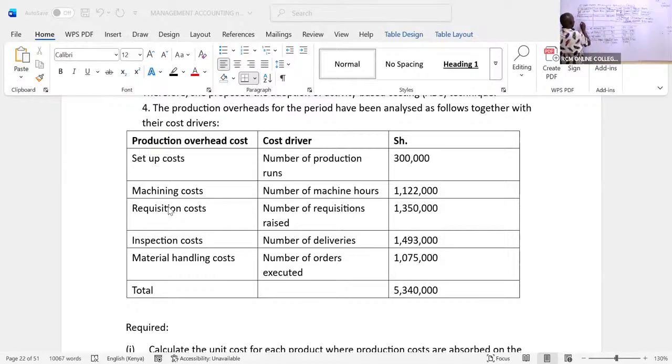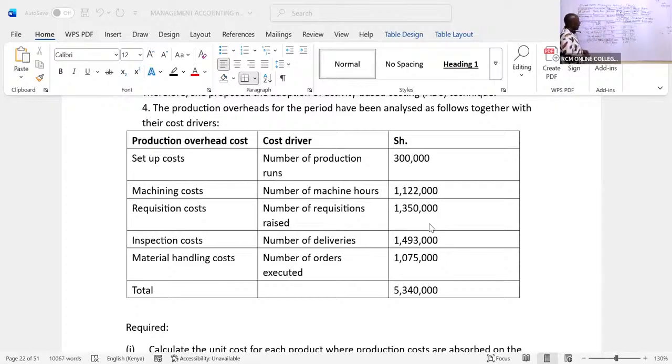They've told us the number of requisitions is the cost driver here. Have they given me the total amount of requisition cost? Yes, 1,350,000.